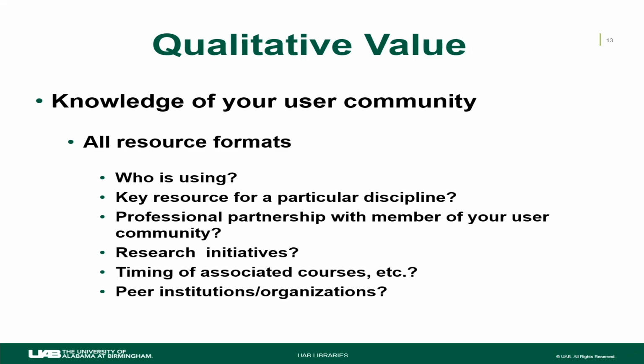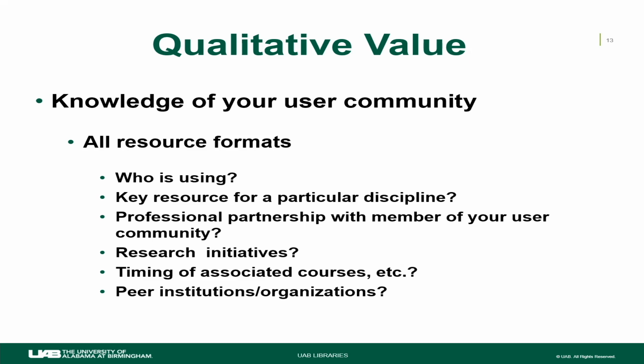You have to be aware of those partnerships and be able to take that into consideration whenever you're looking at some of these pieces. That is valuable data because you don't want to get rid of something that someone has a vested interest in. And then, of course, your research initiatives. What is happening across your university? Again, going back to when you looked in the beginning, we talked about collection development policies and that beginning.